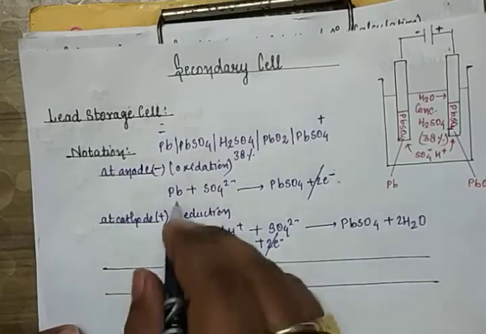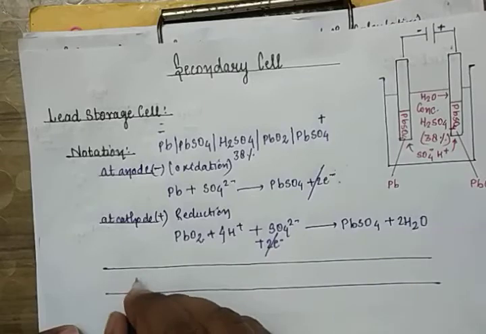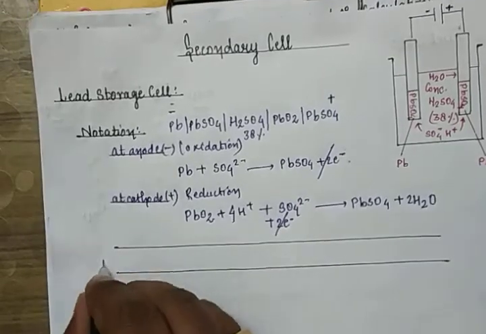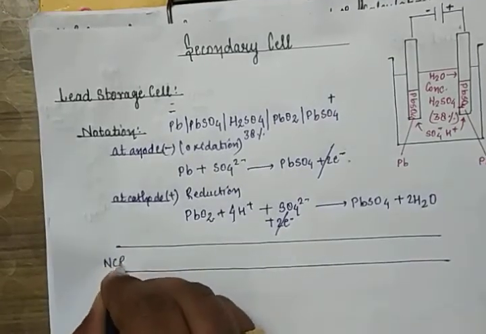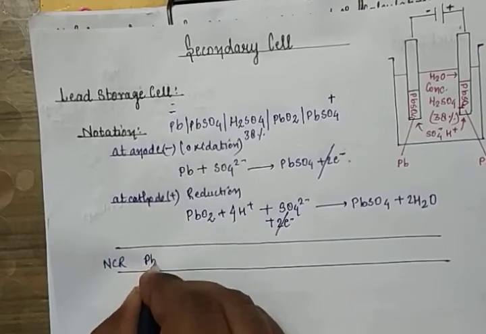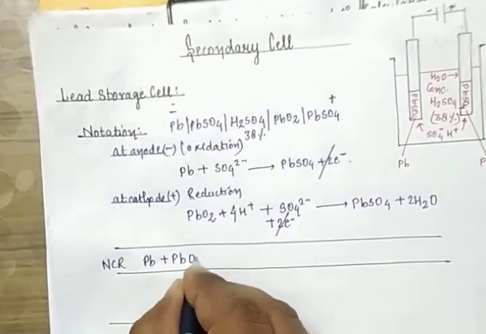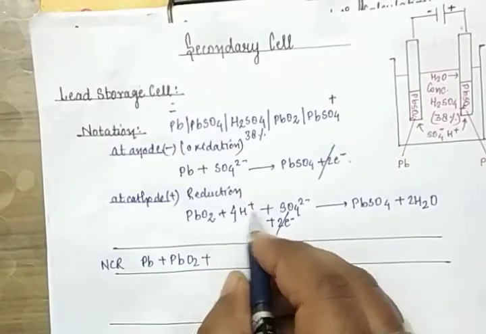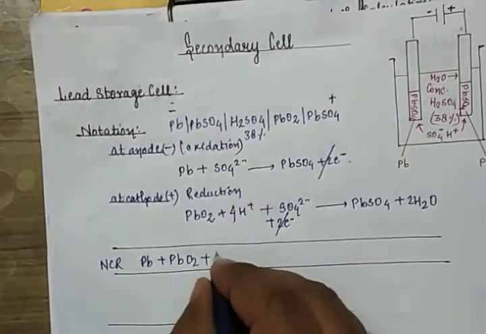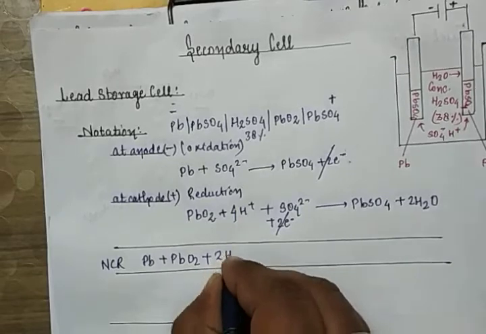Now there is the net cell reaction, NCR. On the reactant side is Pb plus PbO2 plus 4H plus and 2SO4 2 minus, which means 2H2SO4.